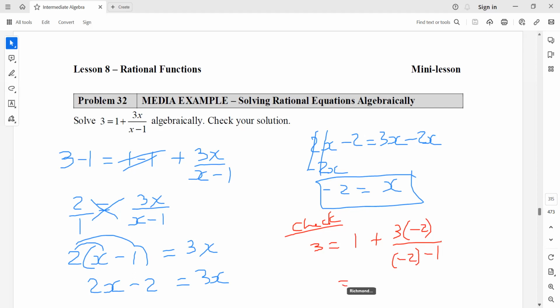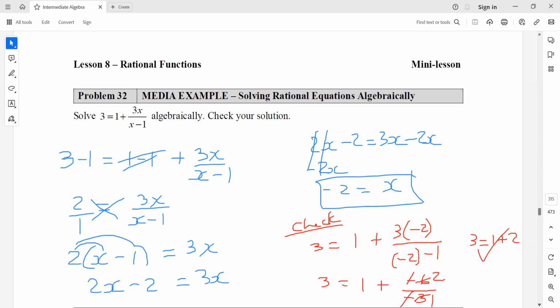So this would be 1 plus this -6 over -3, equals 3. Now, negative will cancel negative. 3 will go into this 2 times. So you have 3 equals 1 plus 2, which is 3. So this is correct. So my solution is right.